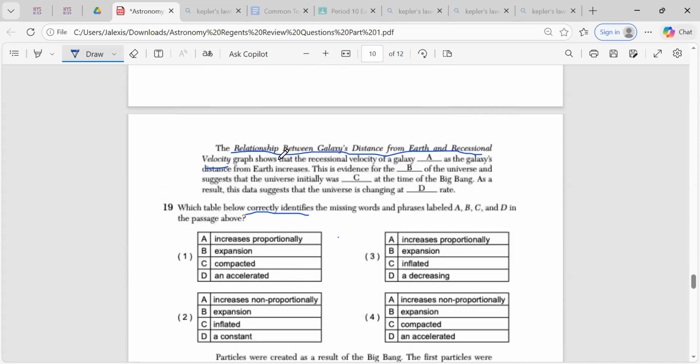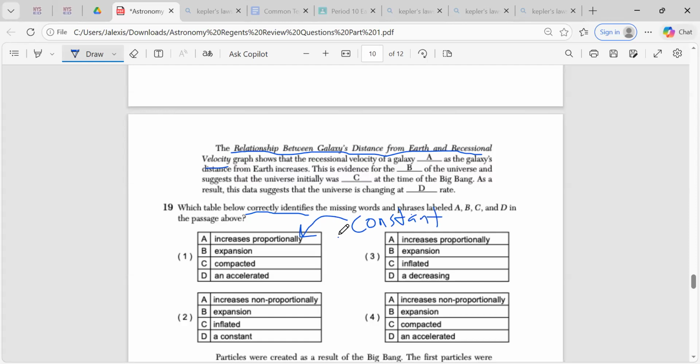So it says that the relationship between galaxies' distance from Earth and recessional velocity graph shows that the recessional velocity of a galaxy is increasing proportionally or non-proportionally. When we're talking about the word proportionally, we're just talking about is it increasing at a constant rate?